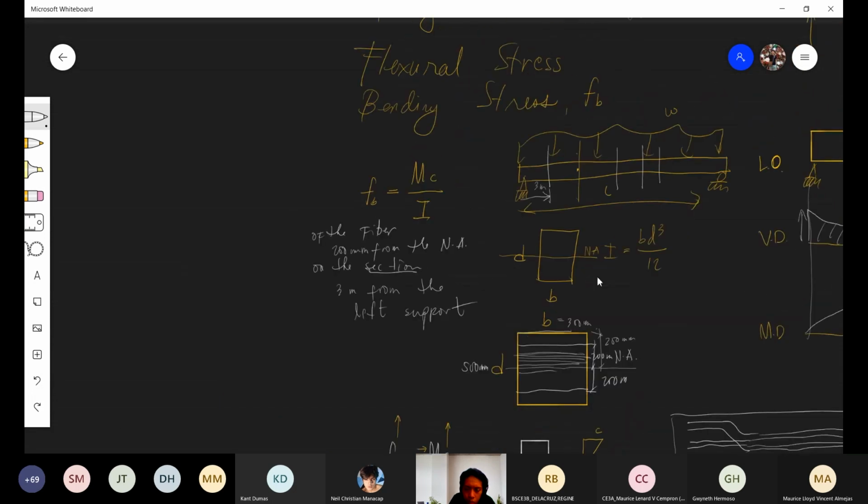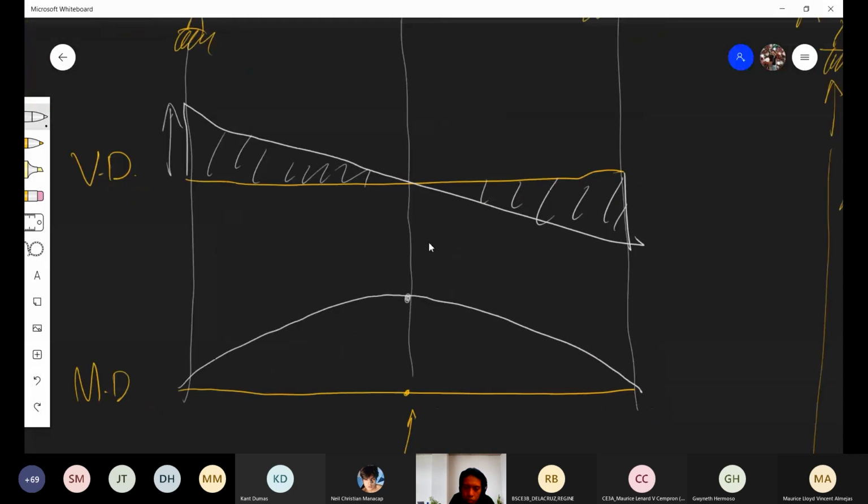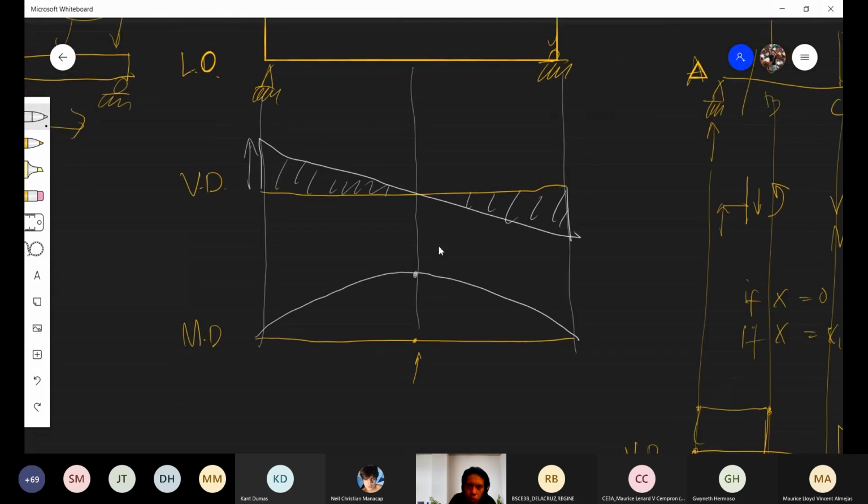Find the stress or the bending stress at the section 2 meters from the left support. So kamo pa it pananglitan, this is the 2 meters. Kamo pa it magbibiling kung ano ini nga magnitude.